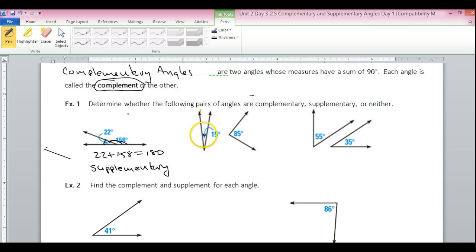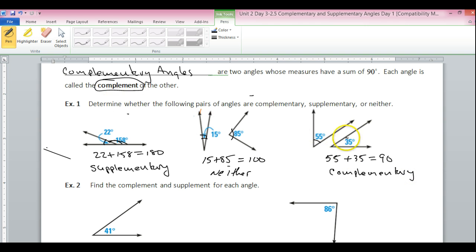Now with these two angles, 15 plus 85 is 100. They don't add up to 90 and they don't add up to 180, so this is going to be neither. And 55 plus 35 adds up to 90, so these would be complementary angles.